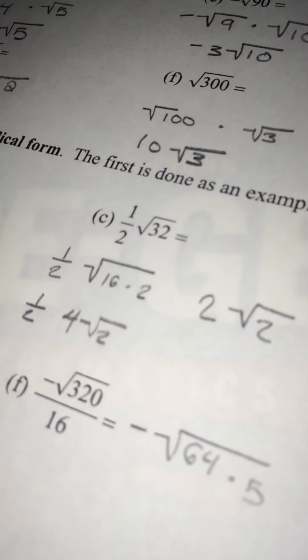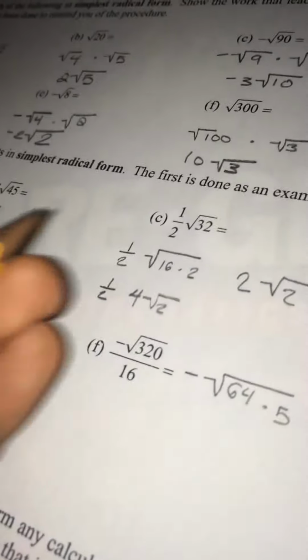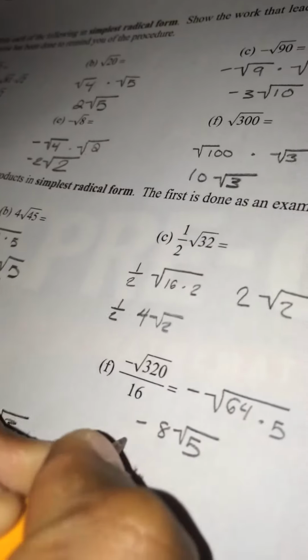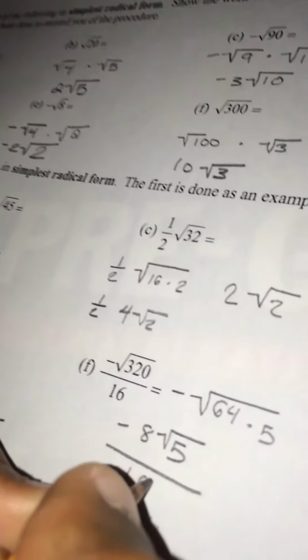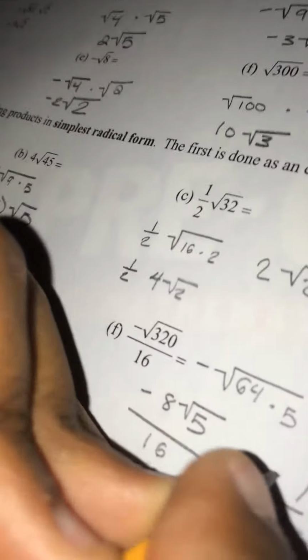Anyway, with that, how could you do this just like the last one? Oh, square root of 64 will equal 8. So you will have 8 square root of 5 over 16, which will equal negative 1/2 square root of 5.